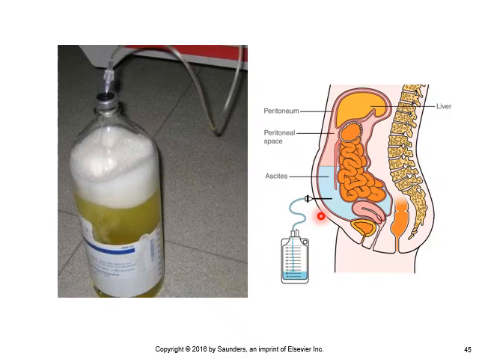So what we would do for ascites is a paracentesis, where this needle is inserted into the peritoneal space and drains the fluid into this bottle right here.